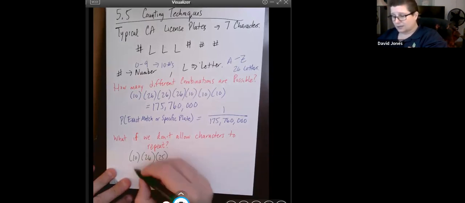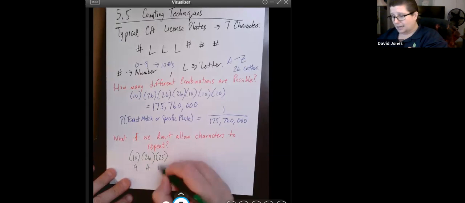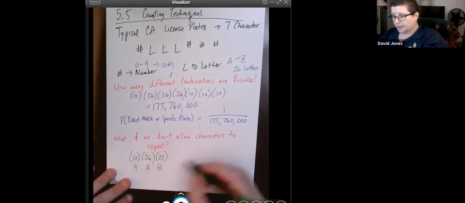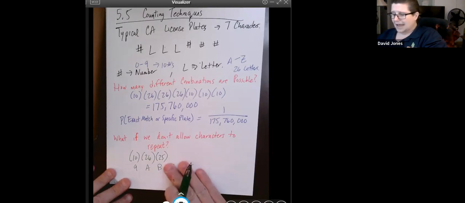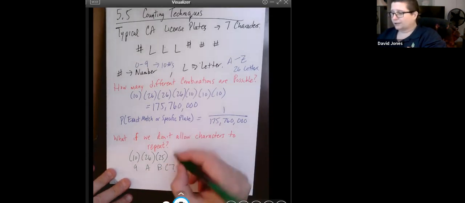Let's say this was 9AB76. I need another letter, C 765. So I get to C. At this point, A and B have been chosen. 2 of the letters are gone. We can't choose them. There's only 24 letters left.